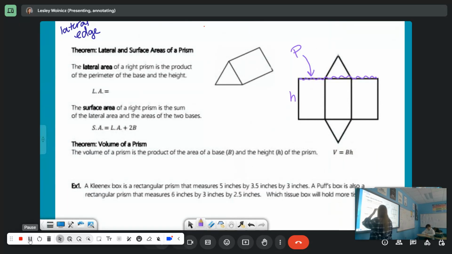So our lateral area is going to be our perimeter. Let's do that a lowercase p because it's a linear dimension. Sorry. Our perimeter times our height, that makes our rectangle, plus how many bases?